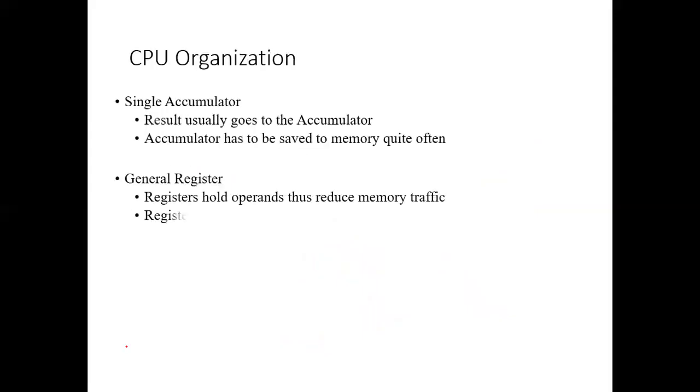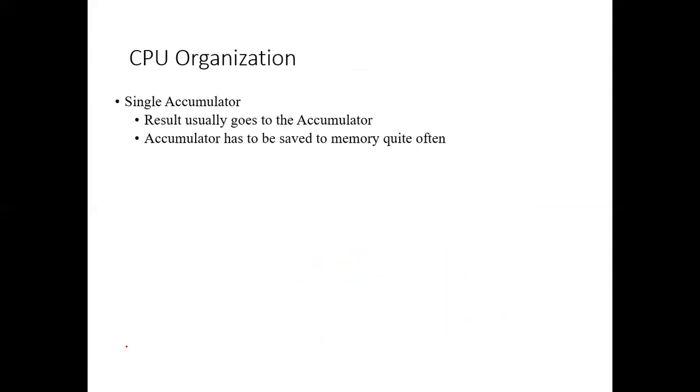There are different types of instructions which we will discuss. We are trying to categorize them into 3 categories. In certain types of instructions, the result will go into the accumulator.